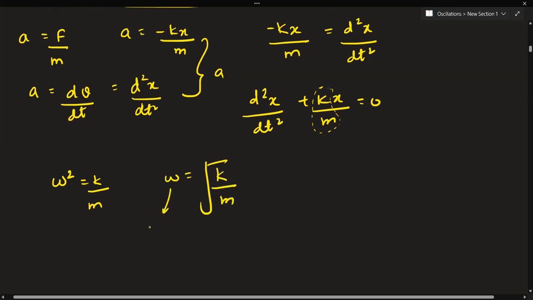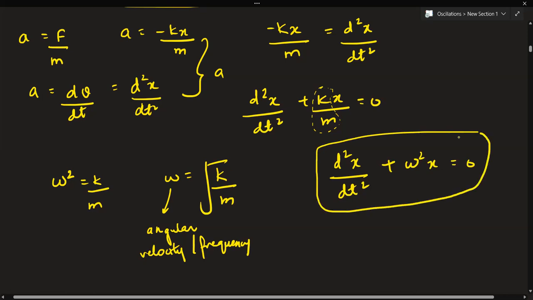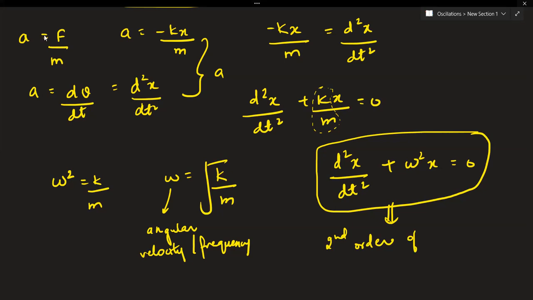Omega is the angular velocity, and it can also be said to be the angular frequency. Now regarding this equation, I can write k by m as omega square. So this will be d square x by dt square plus omega square x equals 0. This is the standardized equation, which you can say is the second order differential equation of SHM. Second order differential.